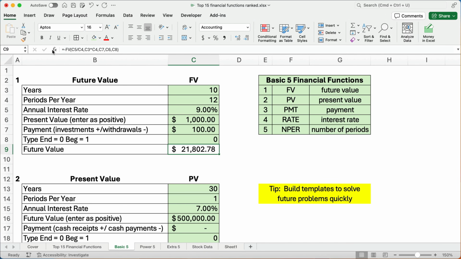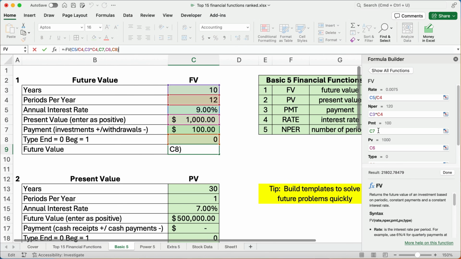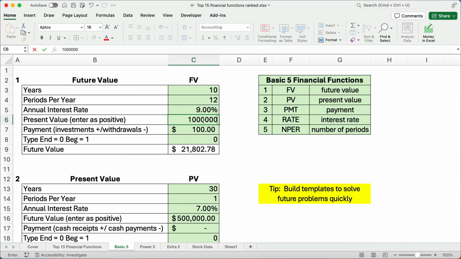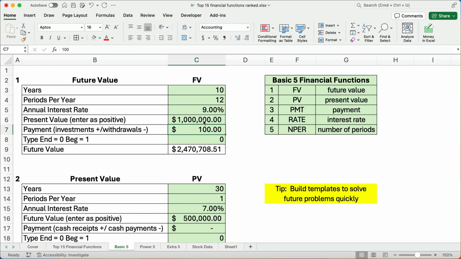So let's look at our problem just for a second here. I'm putting in the payment and the present value as positive. What if you had $1 million and you're withdrawing? Well, let's show how this works. If you had $1 million and then you say, look, I'm going to withdraw $500 a month, then what would it grow to?